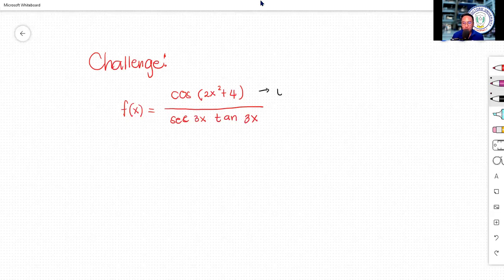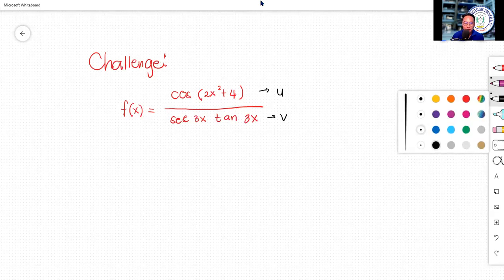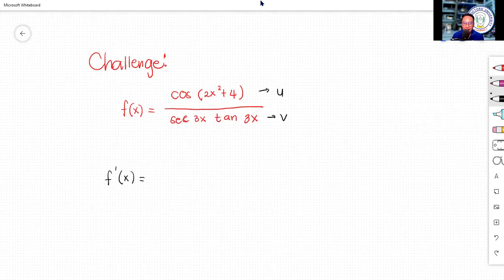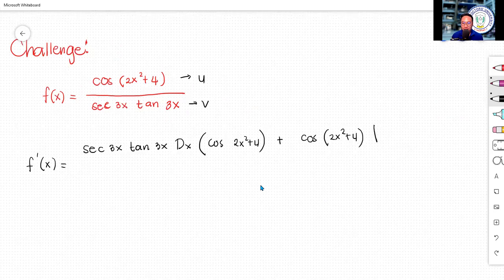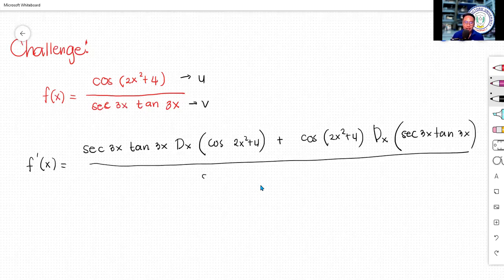So this is gonna be our U. This is gonna be our V. If you remember the quotient rule, we have copy the entire V, secant 3x, tangent 3x, times the derivative of U, cosine 2x squared plus 4, plus cosine 2x squared plus 4, derivative of the V, secant 3x tangent 3x, over secant 3x tangent 3x squared.